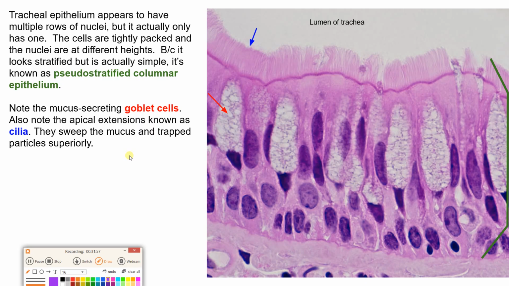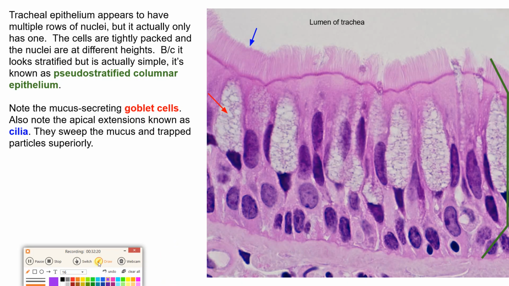So you're always sweeping mucus upward. You are constantly, unconsciously swallowing this mucus. It goes right up your trach and then directly down your esophagus. You don't even realize it. And this is good because then the acid in your stomach deals with all the trapped stuff.